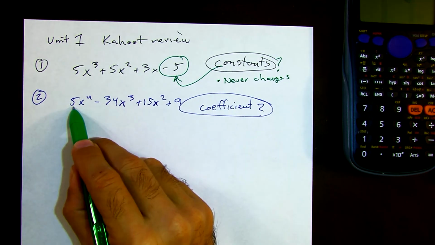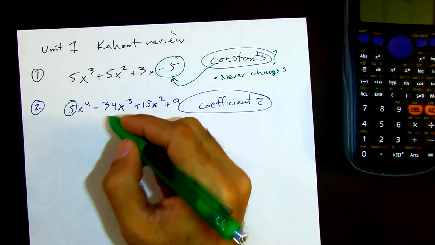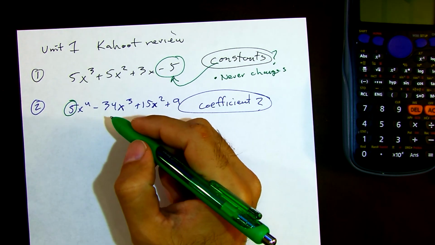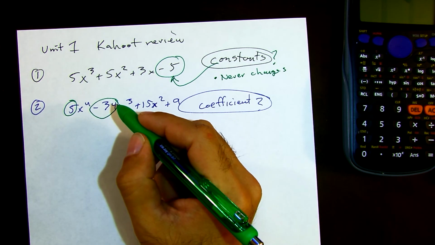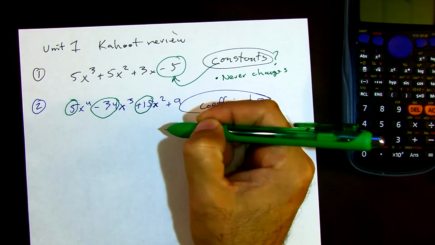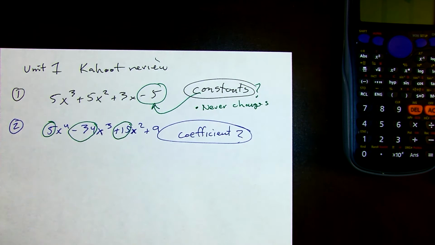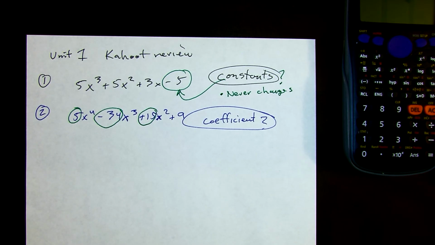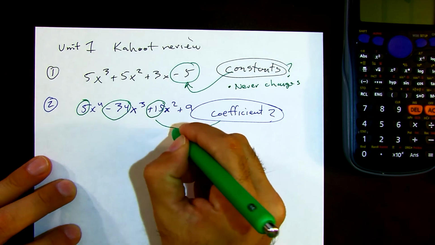So this is 5 times the x to the 4th, so 5 is one of our coefficients. Next term, -34x to the 3rd, so -34 is one of our coefficients. And then plus 15x squared, so 15 is one of our coefficients. 9 is not a coefficient because 9 does not have a variable next to it, as far as how we're defining it for Math 1. So these are my coefficients.